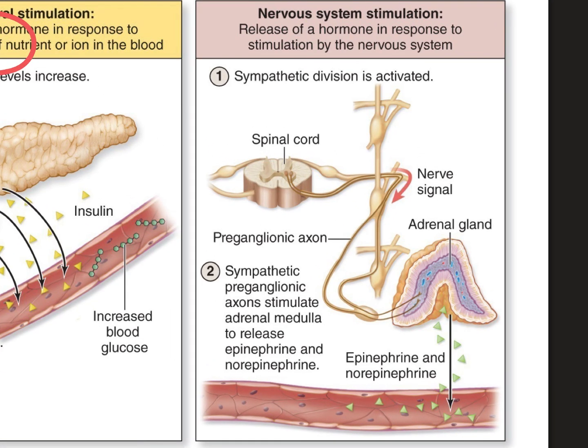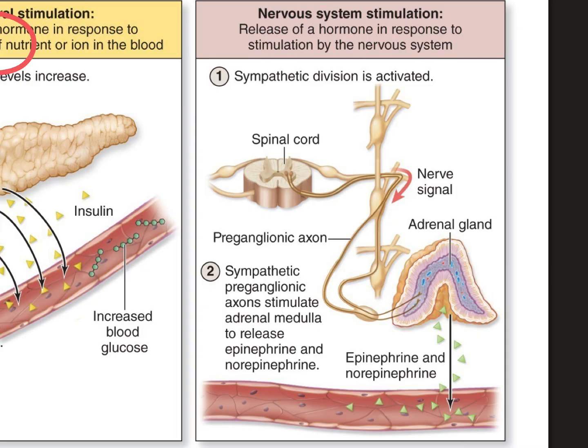So here's the sympathetic nervous system: the preganglionic neuron comes down and finishes, there's no postganglionic neuron, and it terminates inside the adrenal gland, within the part called the adrenal medulla. In response to that nervous system stimulation, the adrenal gland releases epinephrine and norepinephrine.